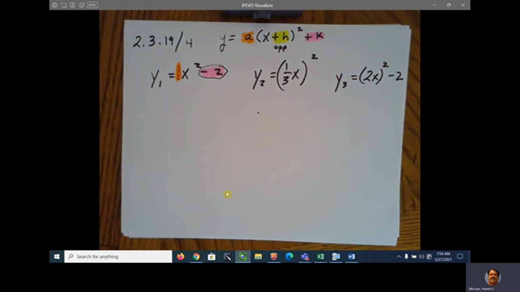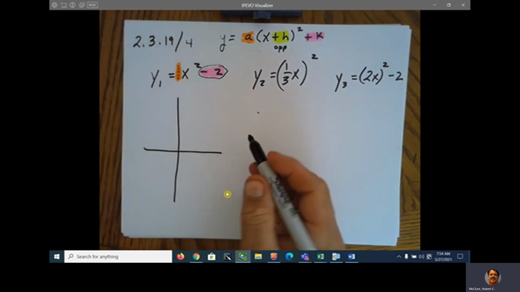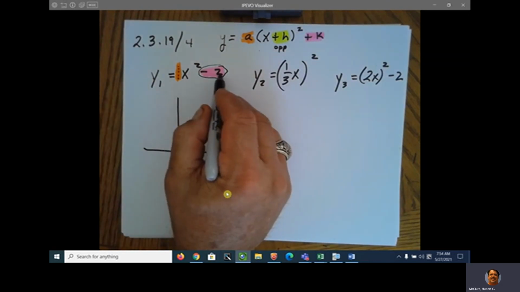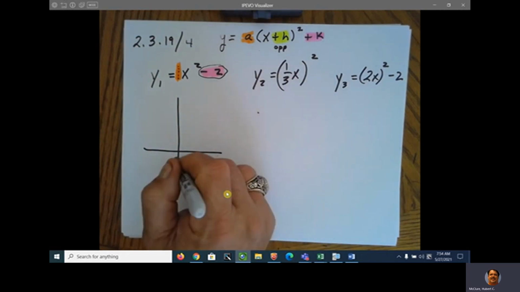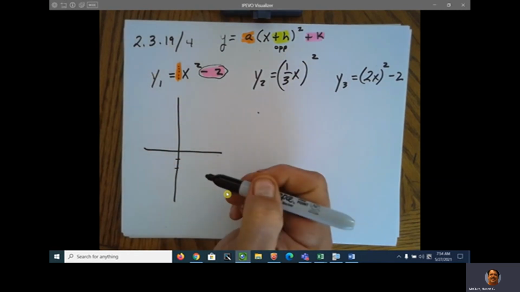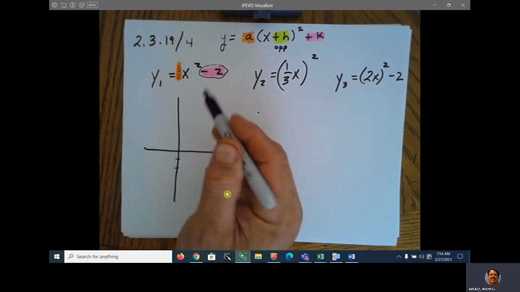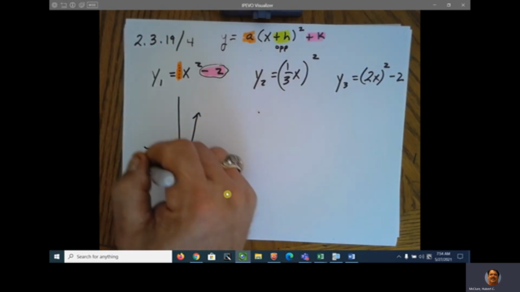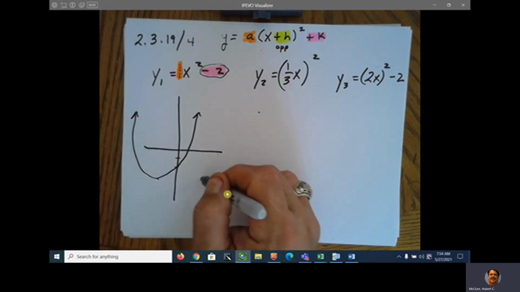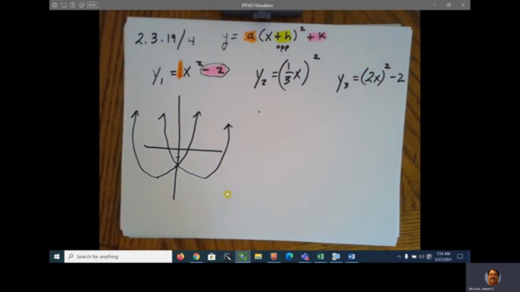So it would look something like this. You've got a y-intercept of -2, so that means down 2. And it is a parabola opening upward, so it either looks like this or it looks like this. One of those two.